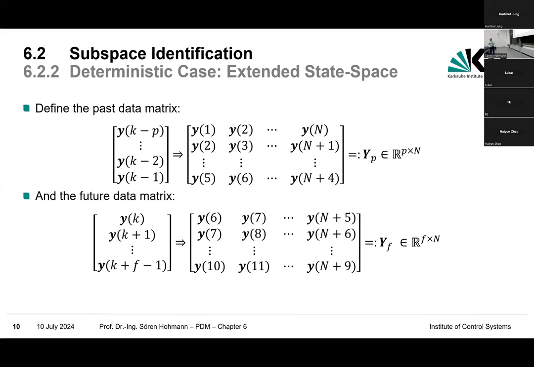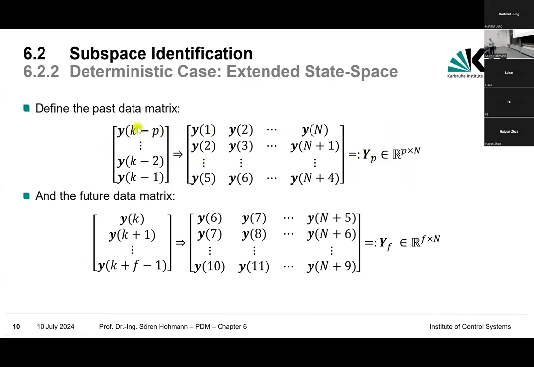So I go backwards P steps, okay, P is 3. Second, I look at future vectors. I look F steps forward and take these output vectors.